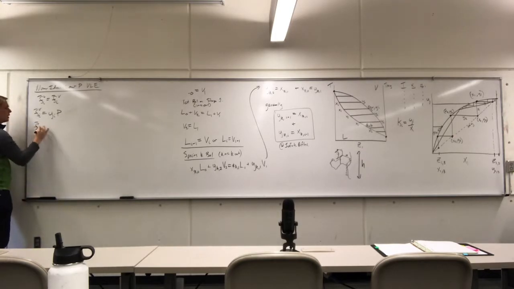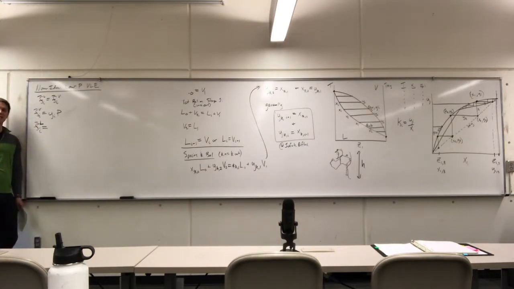Now for the liquid phase, carrying on the assumption, what is the fugacity of my pure liquid if this is a low pressure scenario? Fugacity of my pure liquid in a low pressure environment.